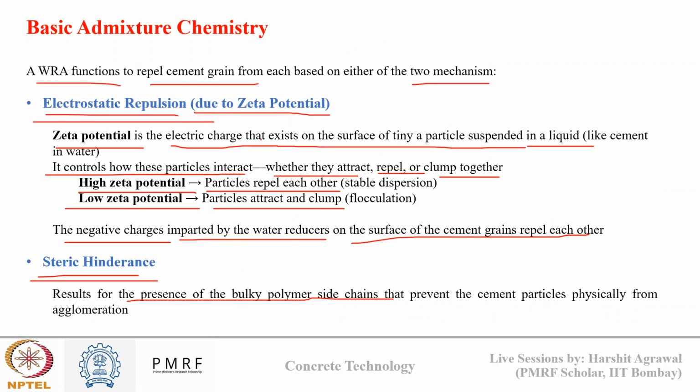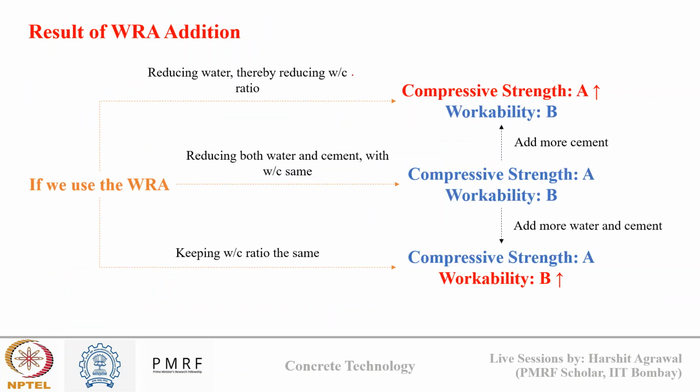If this is very bulky, what will happen? They will prevent cement particles from physically agglomerating or coming together, and that can also cause dispersion. So that is known as steric hindrance, the hindrance caused by the bulky side chains. So these are the two mechanisms by which a water reducing admixture can repel a cement grain.